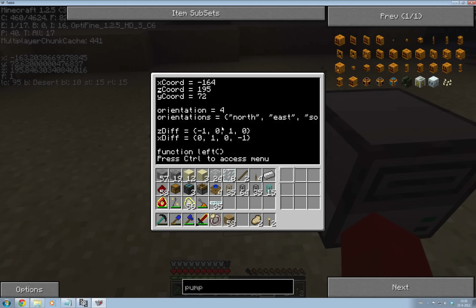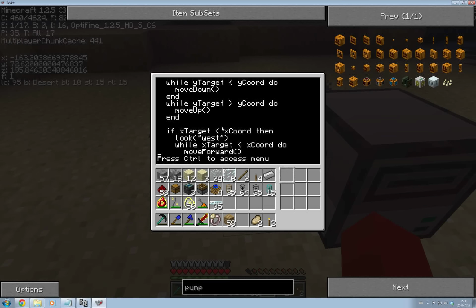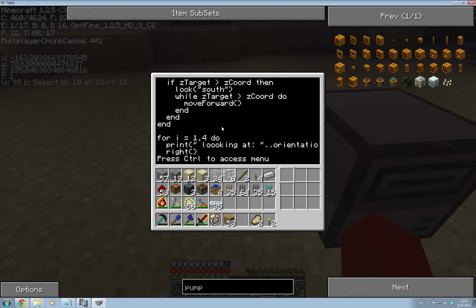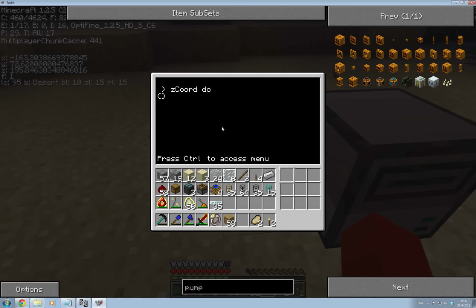Alright. I'm quite confident that the actual go-to function should be fine, and that the reason it messed up was because it had the wrong starting looking direction. Let's remove all of this. And we're going to try this again. Minus 180, 170, 77.